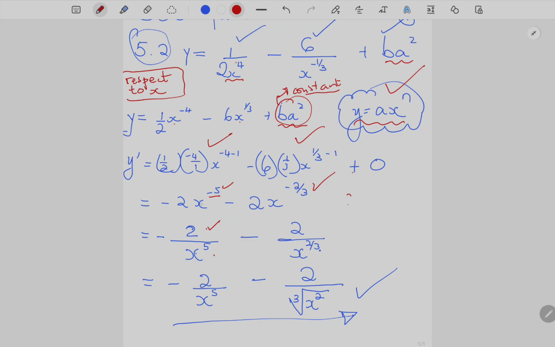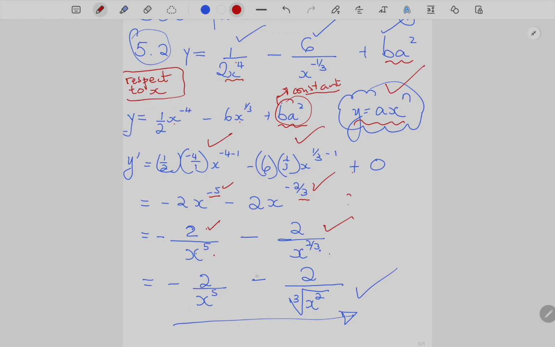Then the denominator is going to be x to the power positive 5, because we don't want a negative exponent. Again, when you look at this, the exponent is negative 2 over 3. So we are going to have a numerator as well as a denominator. What remains as the numerator is negative 2. Then the denominator will be x to the power positive 2 over 3.